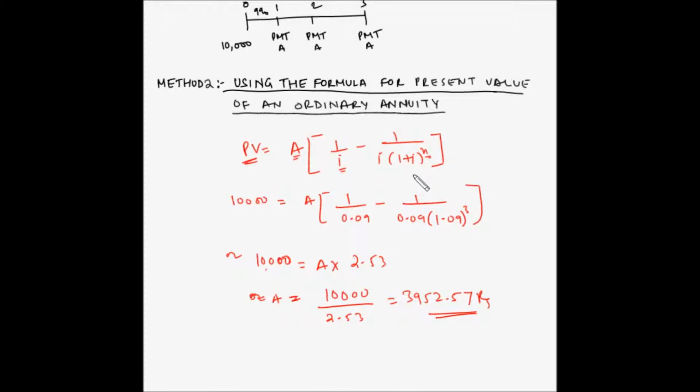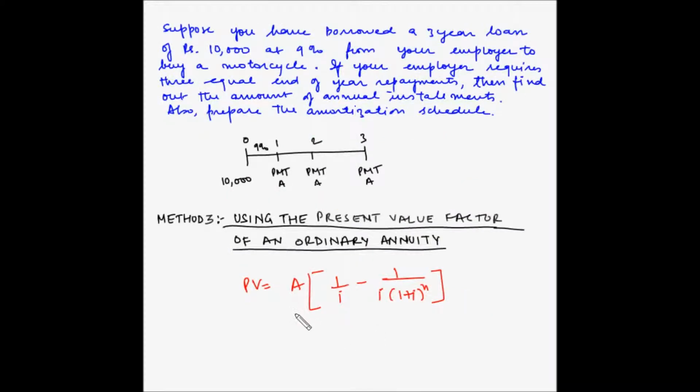Now let us look at the third method, which is to use the present value factor of an ordinary annuity. Now in the second method, we had used this formula to find out the value of the payments. Now this formula can be broken down into two parts. One is this part, which is the annuity amount, and the second is this part, which has the variables, number of years, and the rate of interest.